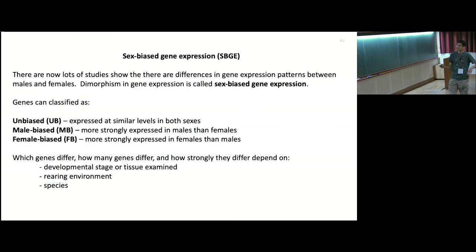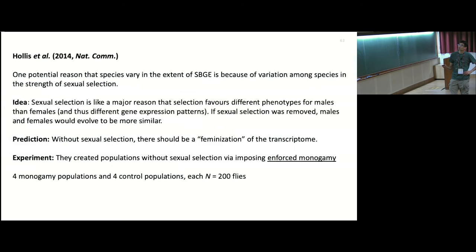So there are lots of reasons that sexual dimorphism in expression can vary, and we'd like to understand those reasons. One of the major ones is whether there are evolutionary reasons why the amount of gene expression varies.